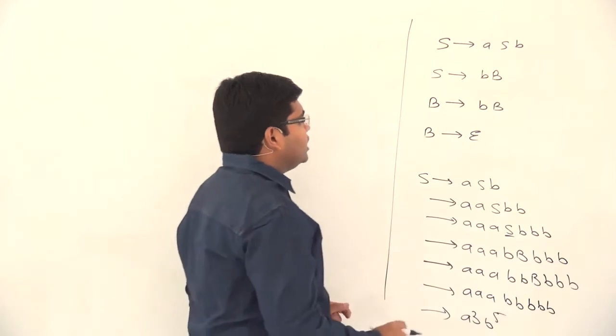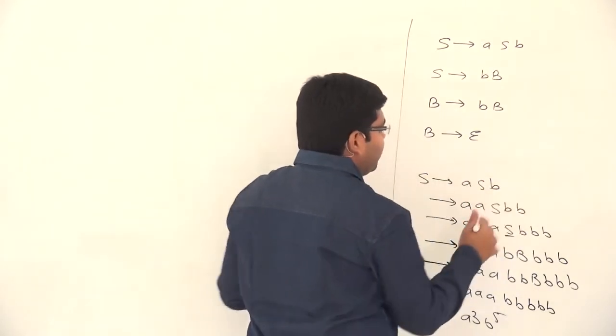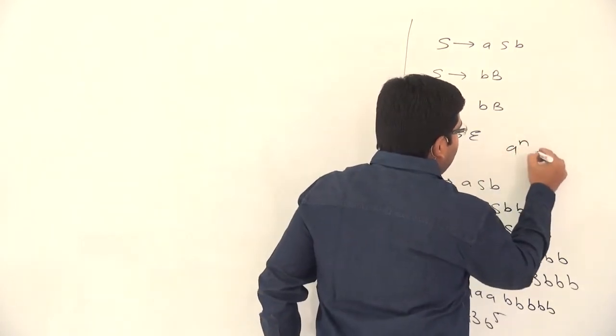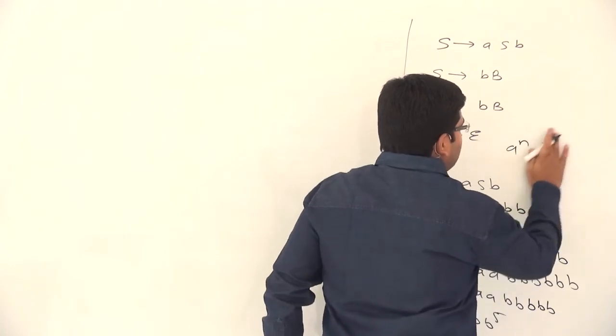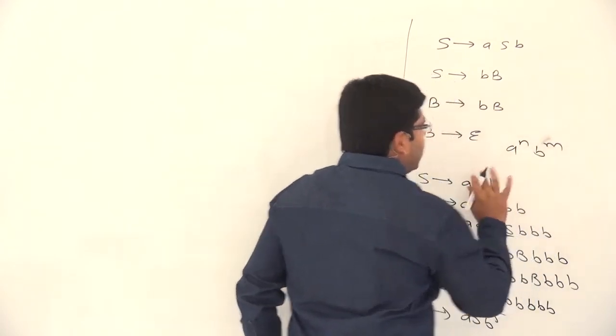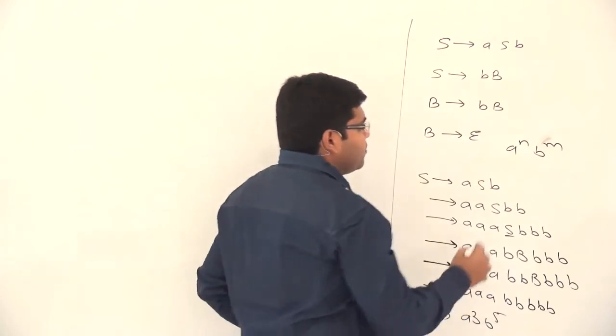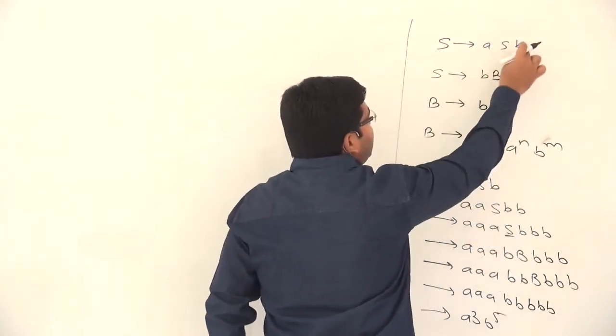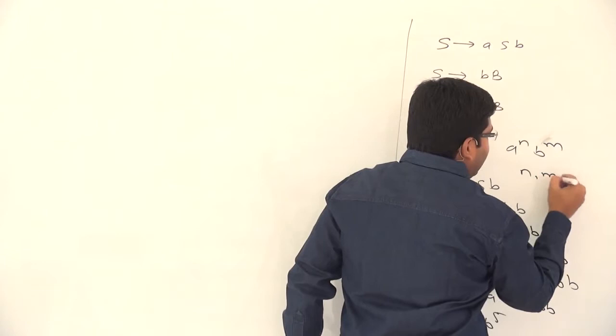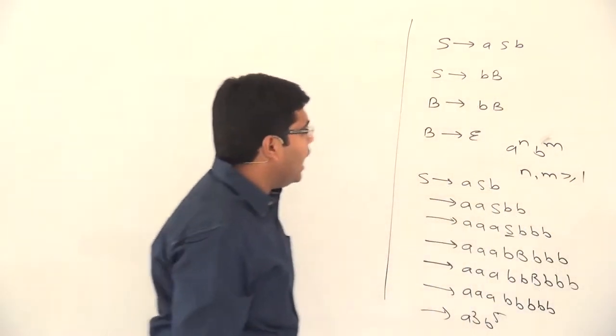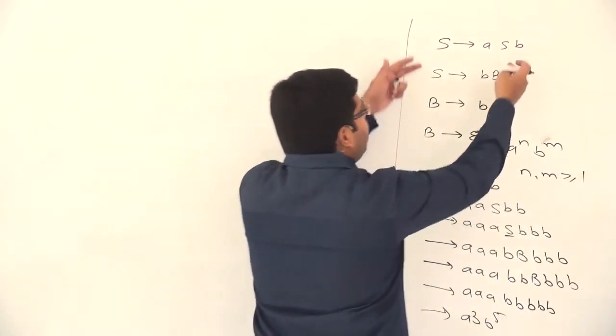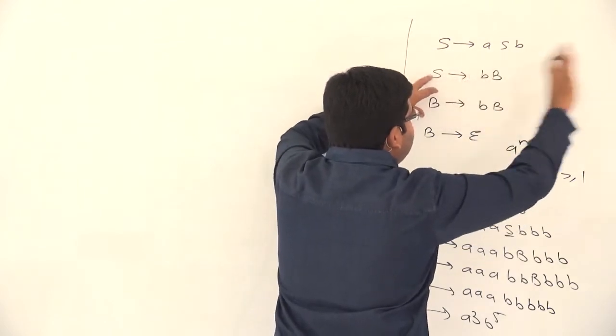And you should notice that whatever strings are generated with this grammar will be of the format a to the power m and b to the power n, a block of a's followed by a block of b's. At least one a will be there, at least one b will be there. And whenever you come out of S, only b's will be generated.